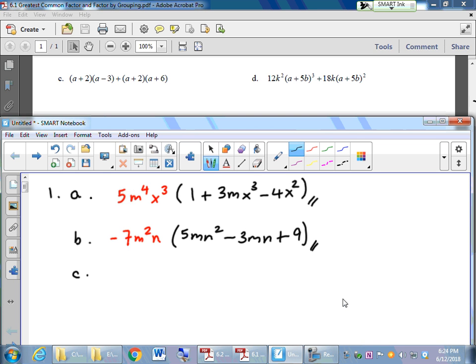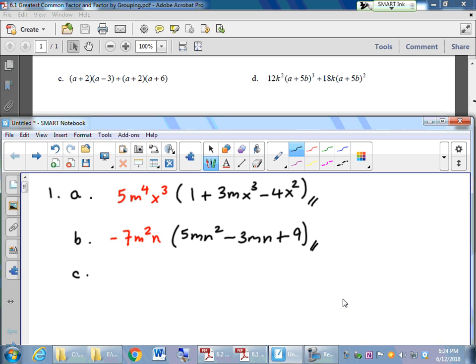As you can see, my first term has two binomials multiplying together: the first binomial factor is a plus 2, and the second binomial factor is a minus 3. The second term also has two binomial factors, a plus 2 and a plus 6.